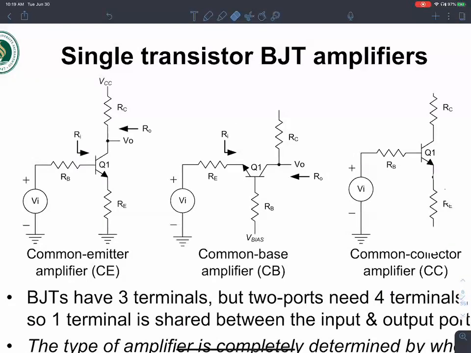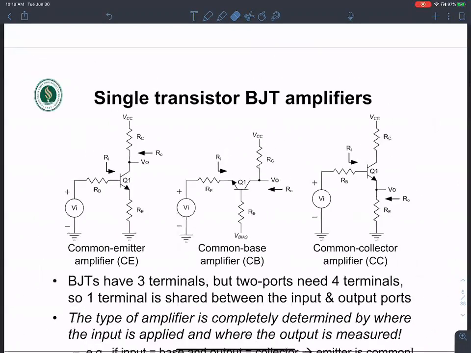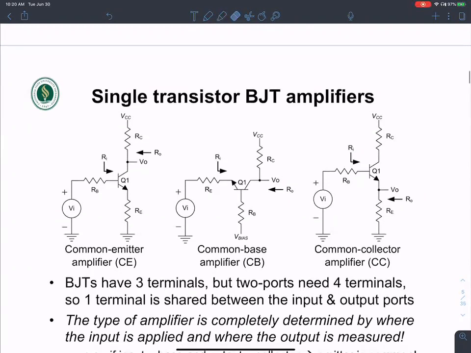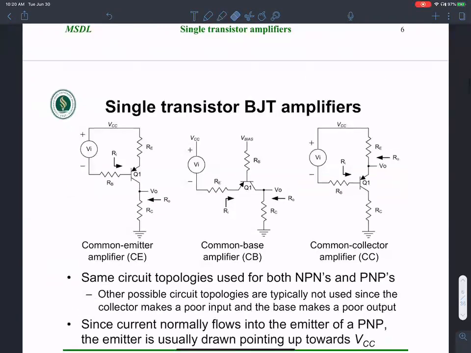They're not going to change based on where you apply the input or the output. That's the observation that we made earlier.